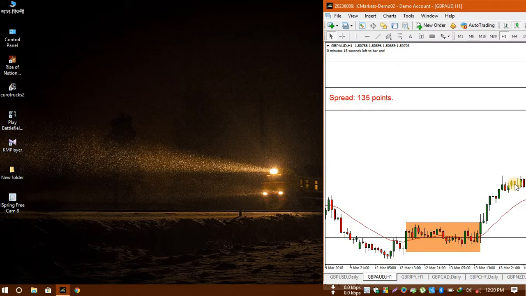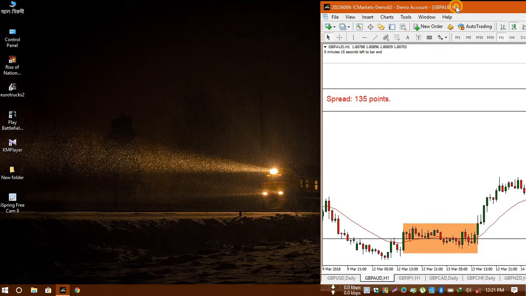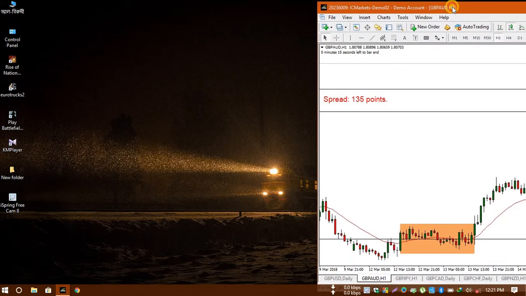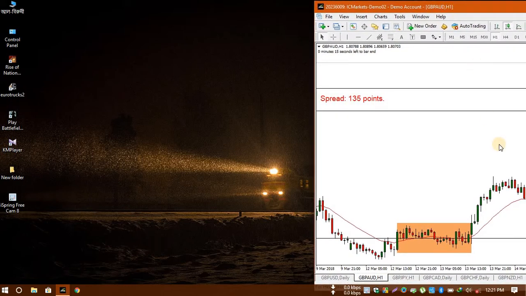You can see buy, sell, and buy, sell again. So finally we got something here. This sell is very strong compared to this level, and it already broke this level and stays below this level.